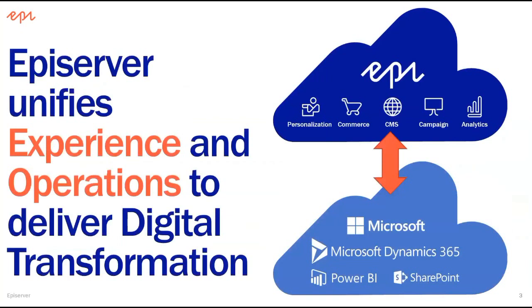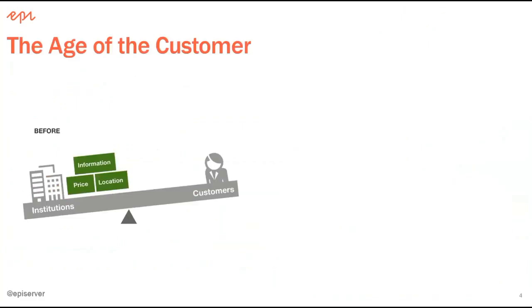But first, just to set some context, I think it's important to understand that we are living in a different time than maybe 10, 15, 20, 30 years ago, where we as institutions, organizations really held a lot of information inside of our organization.